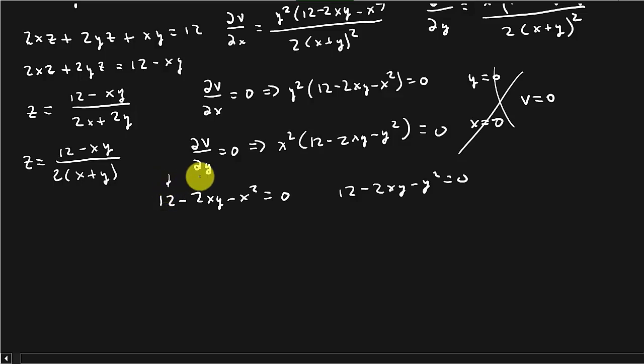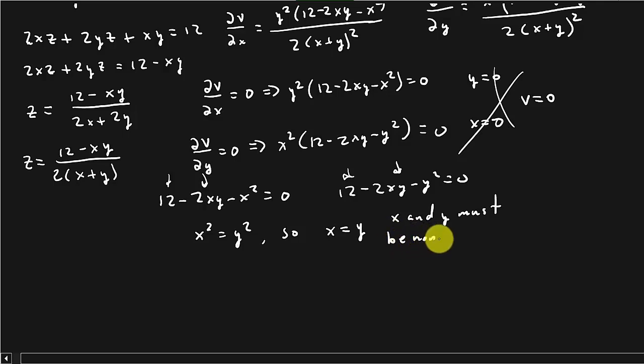You see how the 12 and the 2xy's would cancel out, and we would be left with x squared equals y squared. And so that tells us that x is equal to y, and we know x and y must be non-negative, right? Because we're dealing with the length of the side of the box.